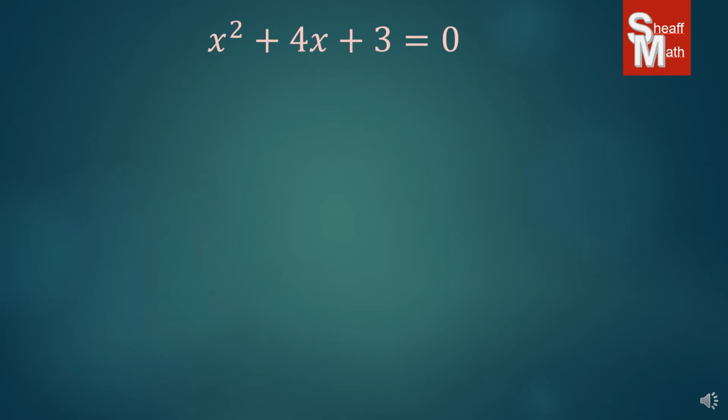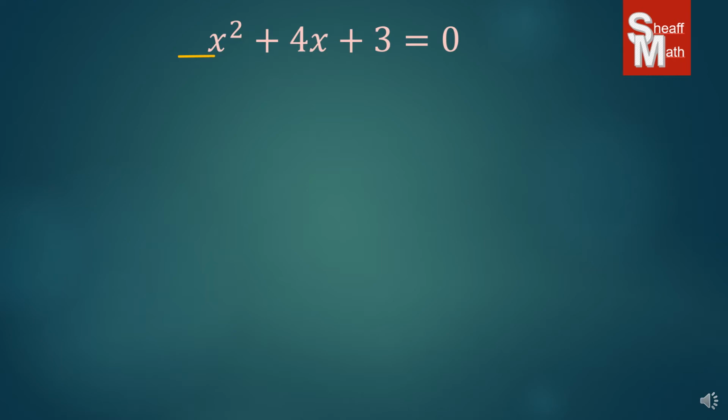Now, this is a real quadratic equation. We're going to first identify the a, b, and c, and then go through how the quadratic formula works. I did something tricky here at the beginning. What happens if there's no number in front of x squared?